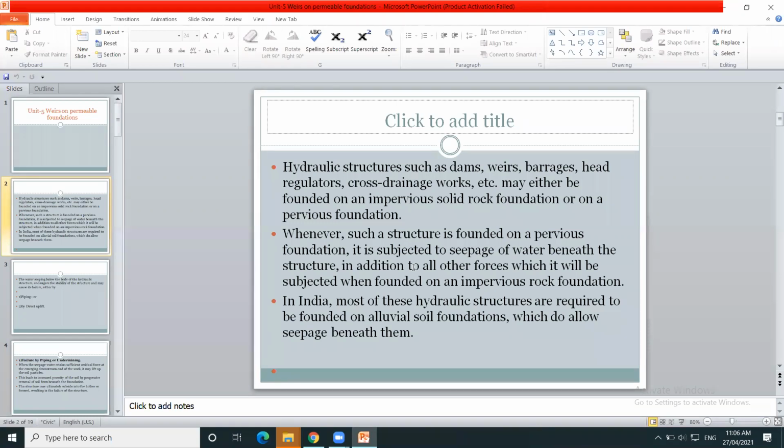It is subject to seepage of water beneath the structure, in addition to all the other forces it is subjected to when founded on an impervious rock foundation. Water will not percolate through an impervious foundation, but through a pervious foundation, seepage of water will occur.